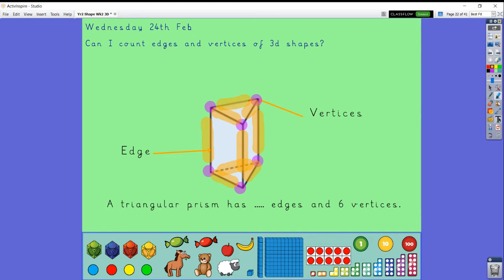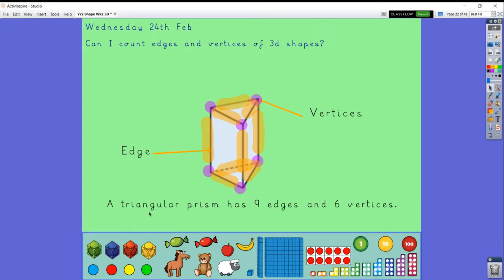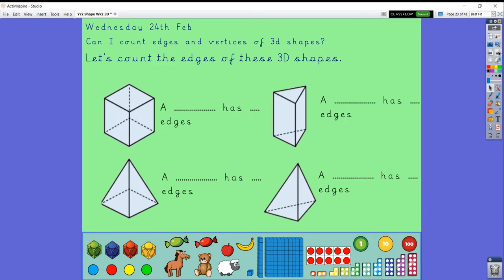So a triangular prism has 9 edges and 6 vertices. Let's say that together. A triangular prism has 9 edges and 6 vertices.